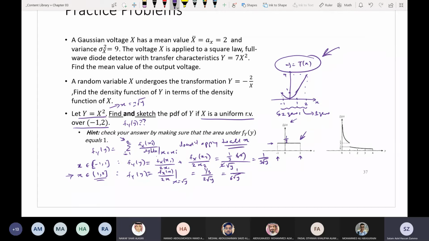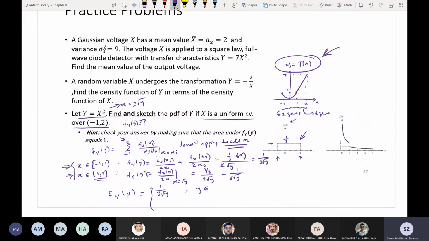تمام. So now here we have two ranges. So basically this is the PDF of y. It equals two ranges. We have 1 over 3 square root of y for x between minus 1 and 1. So y is between what and what? What is the corresponding value for this range?